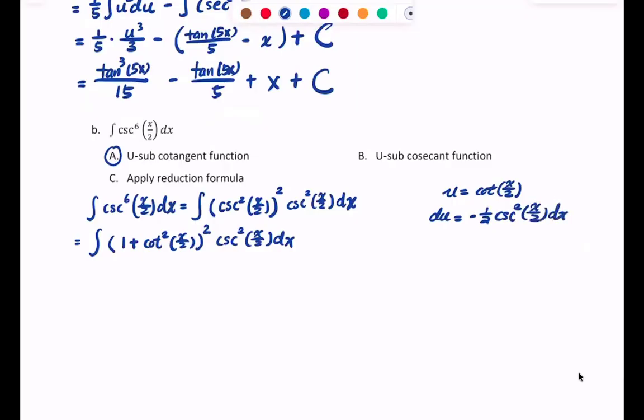The du will need 2 cosecant to go with the dx. Now we completed the u substitution.